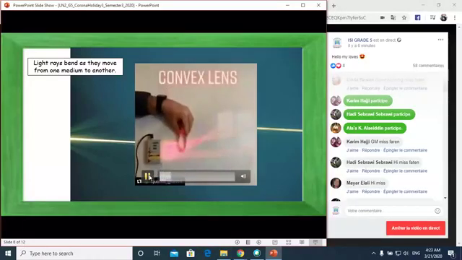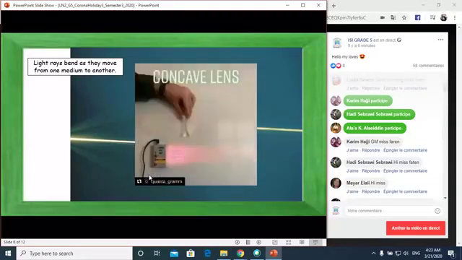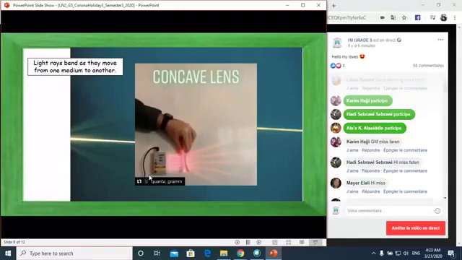Again, convex lenses give a smaller image of the thing if you're looking through it. Concave lenses will let you see a bigger image of the thing. Yes, Dani, when light bends, we call this refraction, right?